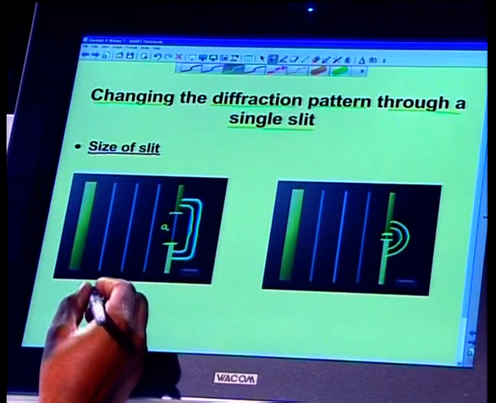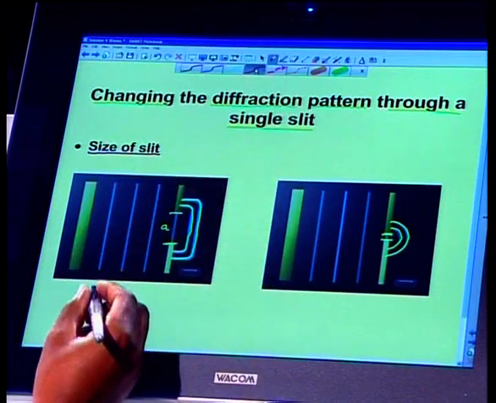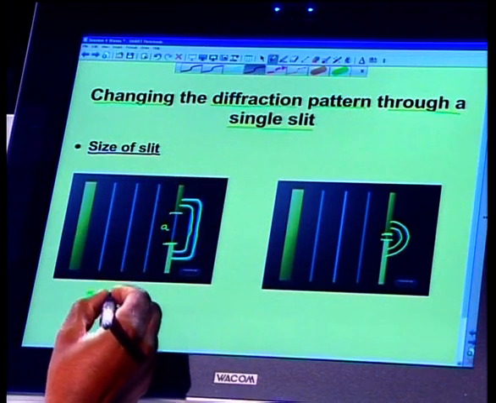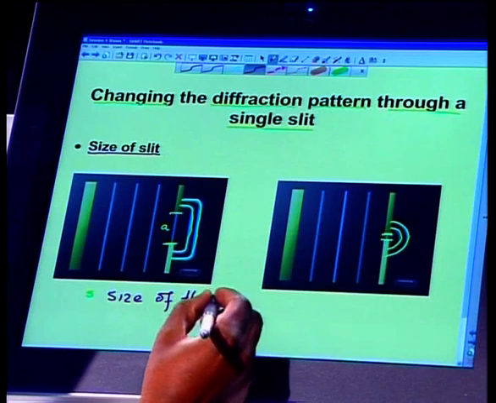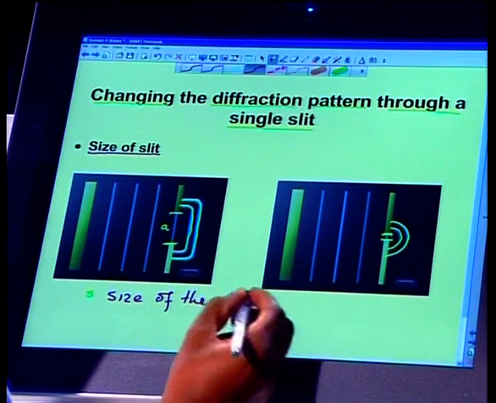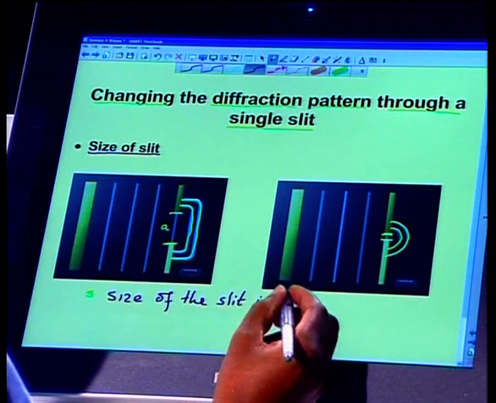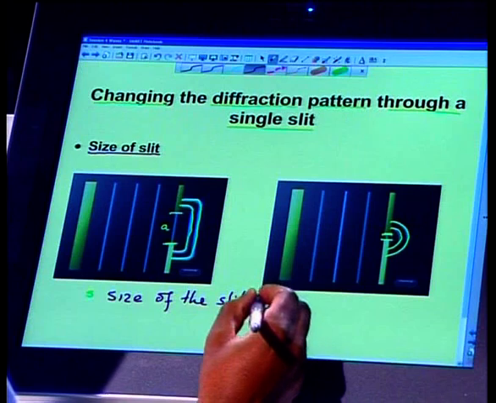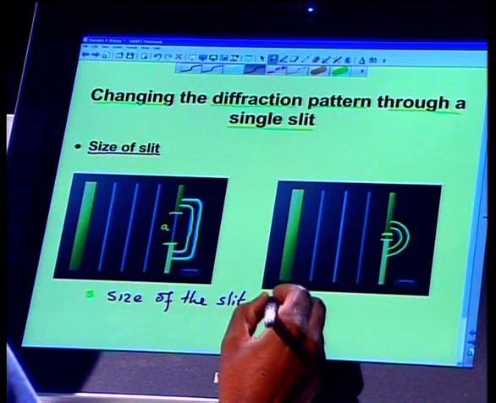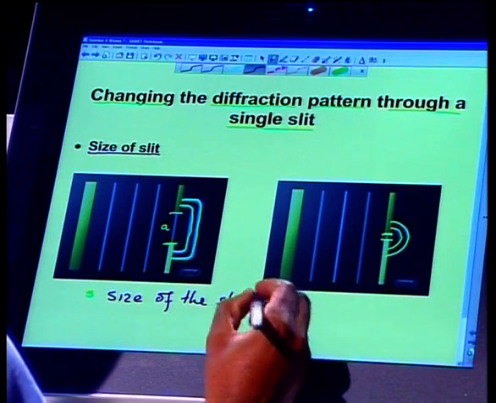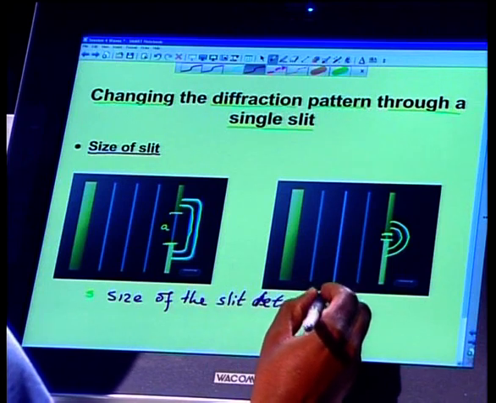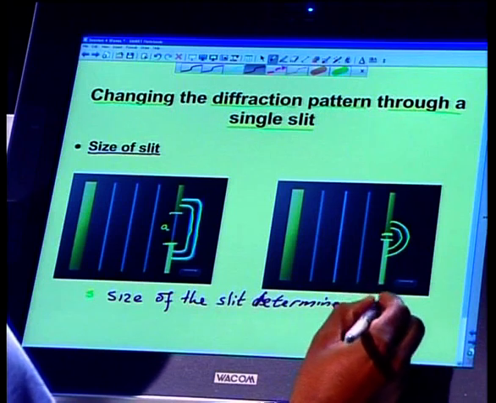It tells us that the size of the slit has an effect on the amount of diffraction.